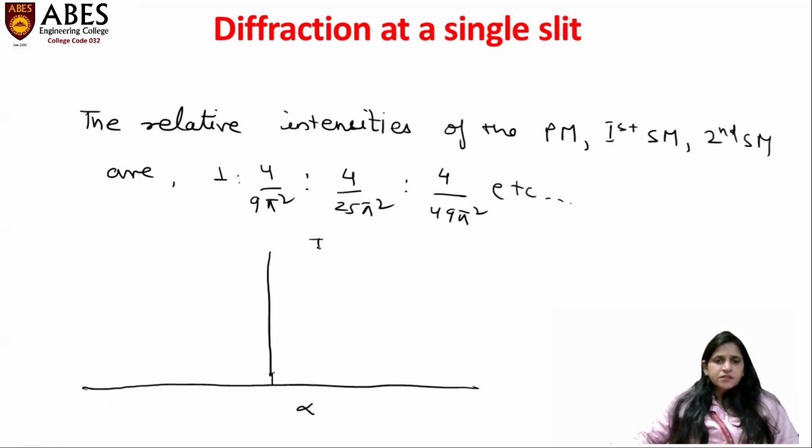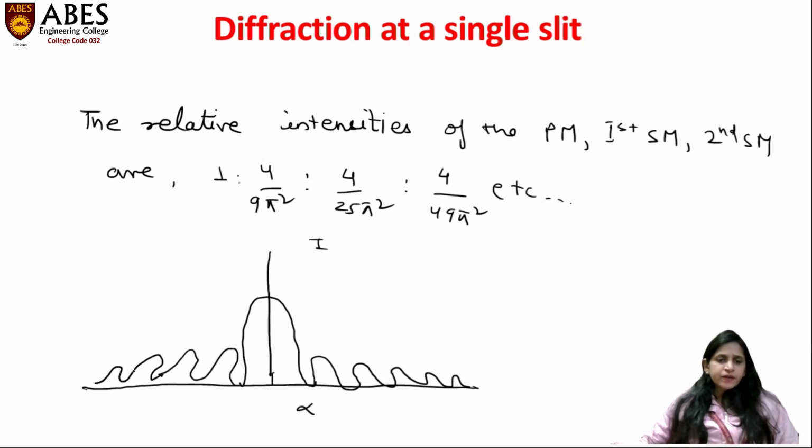This is alpha, this is I. Okay. First, we will be drawing the central maxima. Central maxima is this. Then first secondary maxima, second secondary maxima, third secondary maxima, and so on.